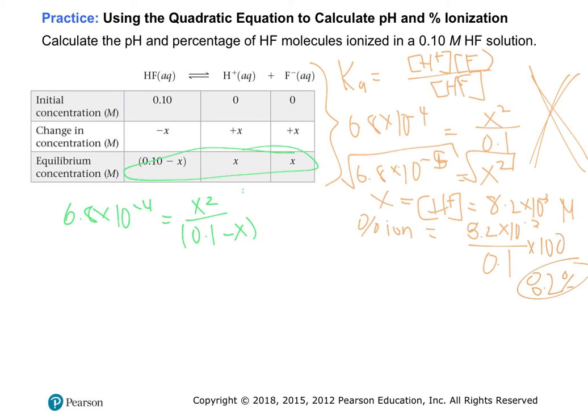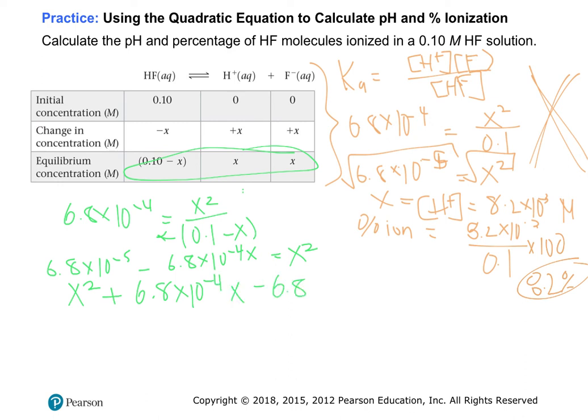So plug in, and we'll bring this denominator up, and we'll get 6.8 times 10 to the negative 5 minus 6.8 times 10 to the negative 4x equals x squared. The nice part is we don't have any other x squared, so we can just move all of those over. So we're going to get x squared plus 6.8 times 10 to the negative 4x minus 6.8 times 10 to the negative 5 equals 0.